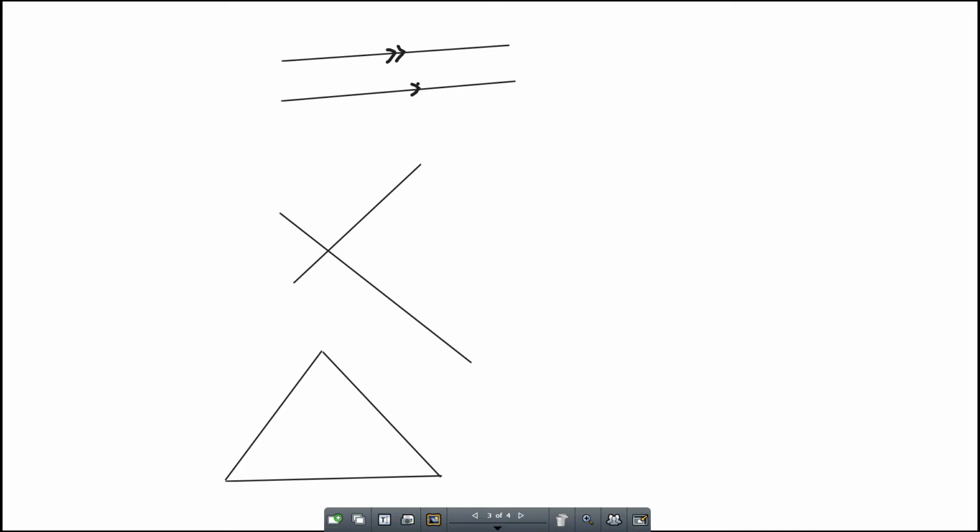If these two lines are parallel, and this, people, you were taught in grade 9 already, né? The gradient of those two lines will be exactly the same. So let me call this AB and CD. So I can say that the gradient of AB will be the same as the gradient of CD.